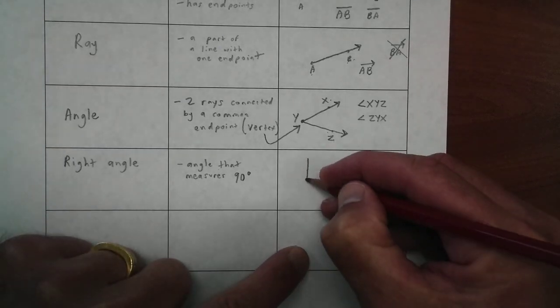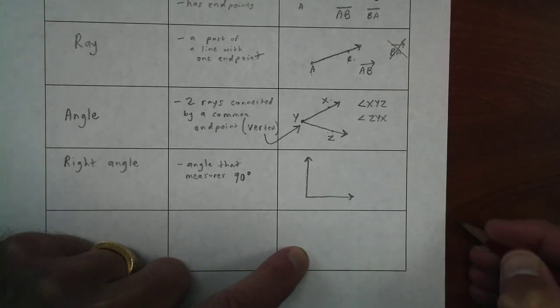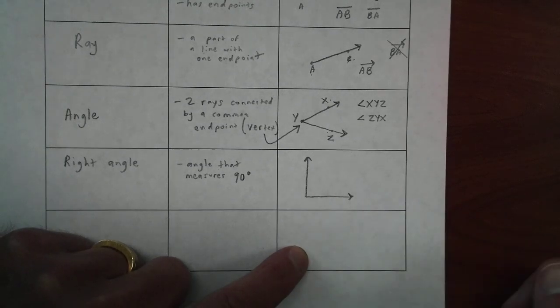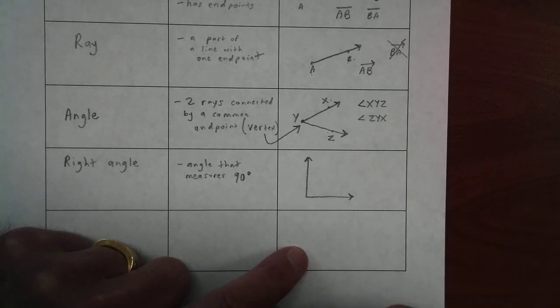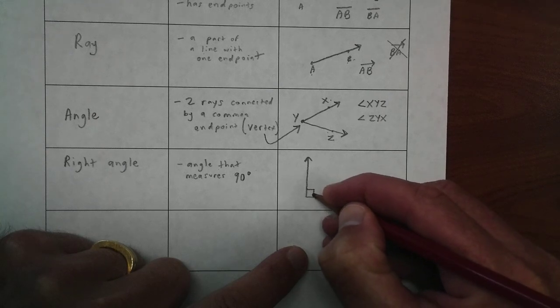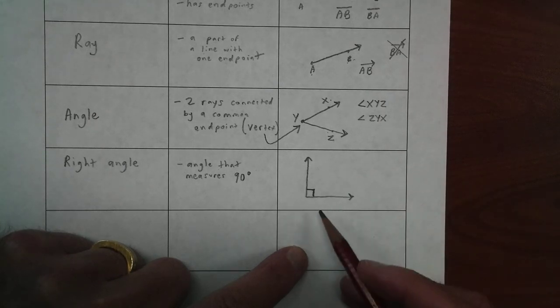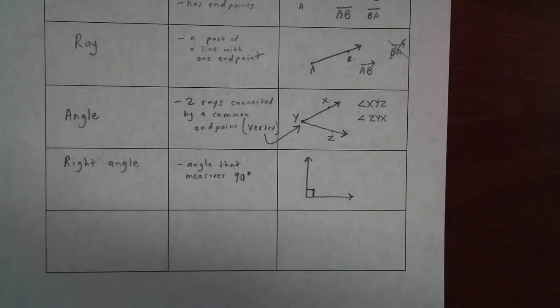So a drawing of a right angle would look like this. But it's hard to tell that this is 90 degrees without measuring it. So in your textbooks or when you have classwork or homework to do, a right angle will have this box in the corner. If you don't see that box, you can't be sure that it's a right angle. For instance, without that box, it could be 89.9 degrees, which is not a right angle. It has to be exactly 90.